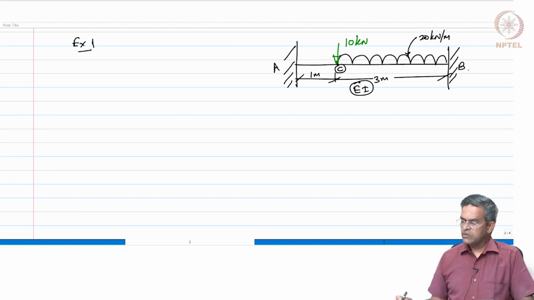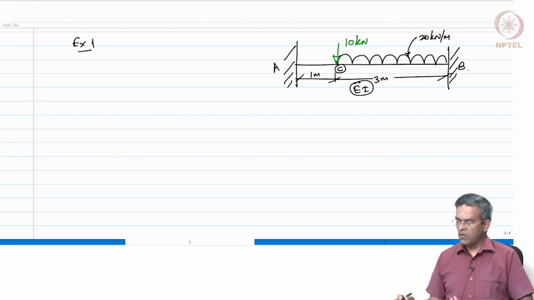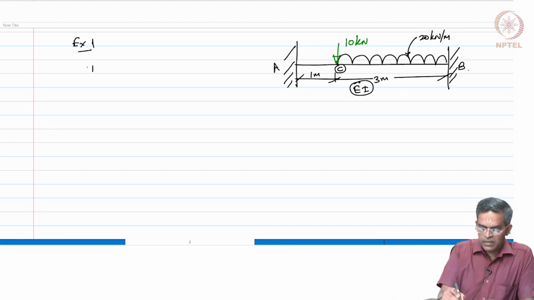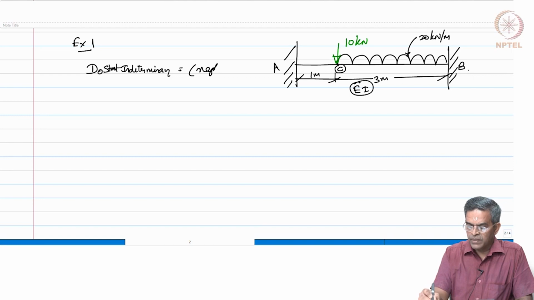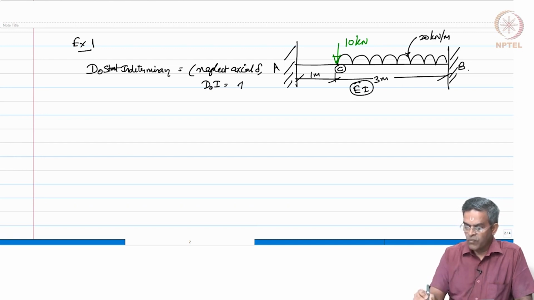Let us quickly ask a question before we solve this problem. What is the degree of static indeterminacy of this problem? If we neglect axial deformation, then the degree of indeterminacy is 4 minus 2, which is 2.